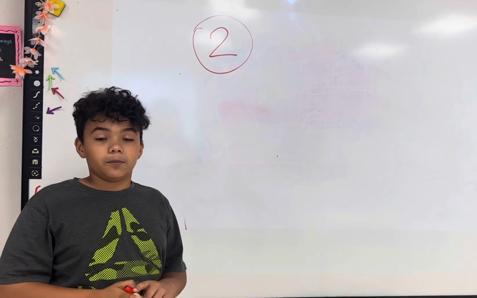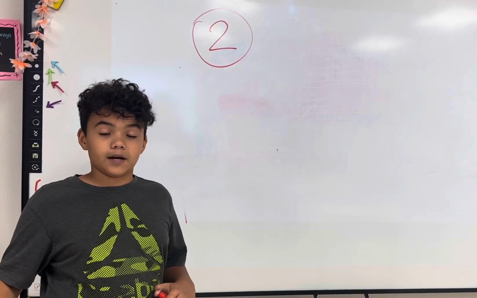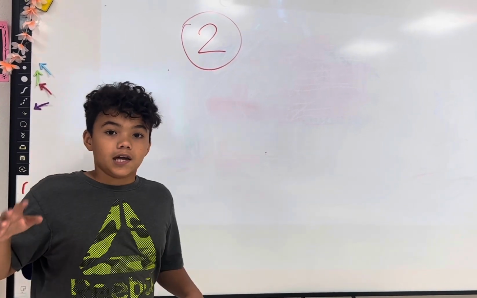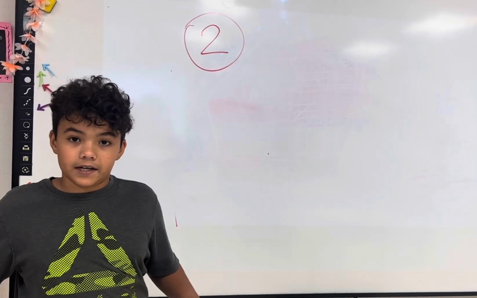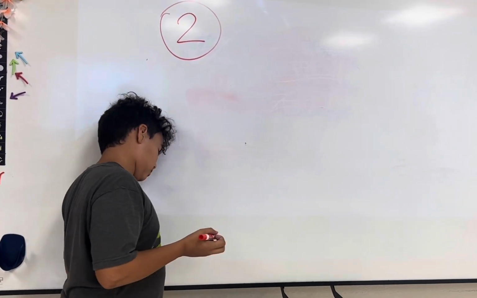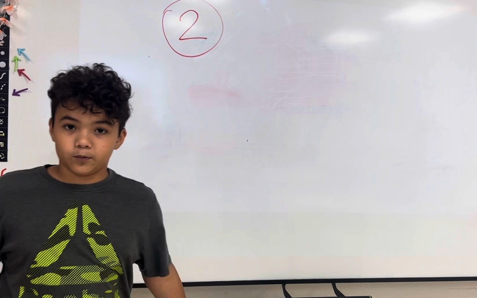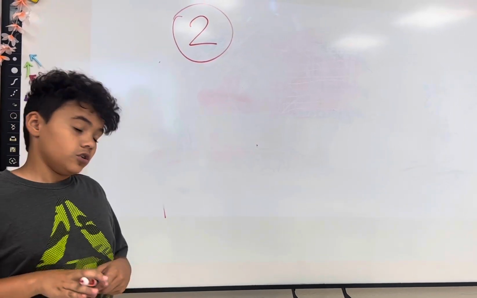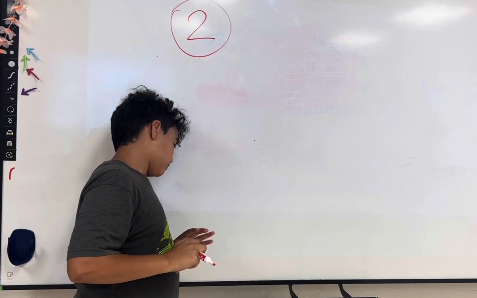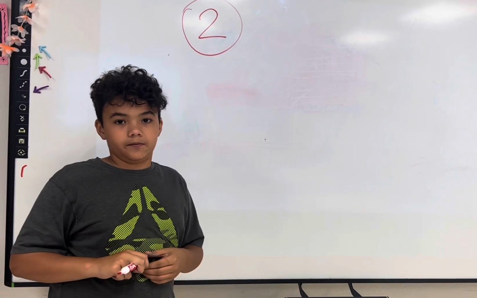It can only be multiplied by 1 times 2 and 2 times 1. So a prime number can only have 2 factors, and a composite number has more than 2 factors. So Kevin would be correct, which is the first answer. So yeah, that's how I would answer it.